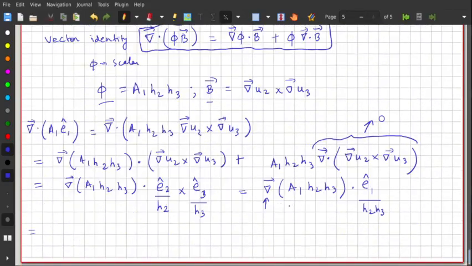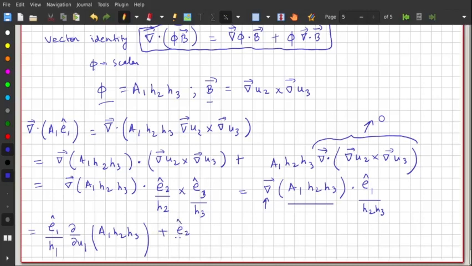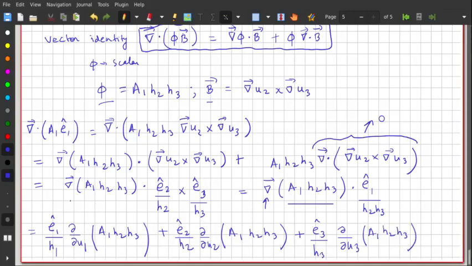Using that we can expand this, and that becomes E1 by H1 partial U1 of A1 H2 H3, and we have a sum over three components, so E2 by H2 partial U2 of A1 H2 H3, plus E3 over H3 partial U3 of A1 H2 H3, and this entire thing dotted with E1 H2 H3.